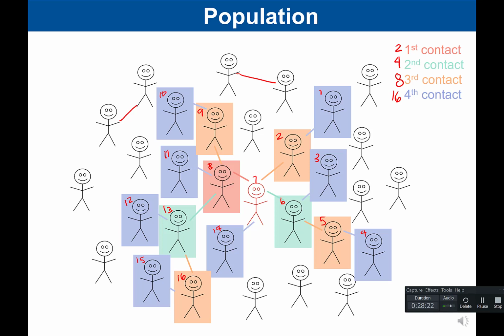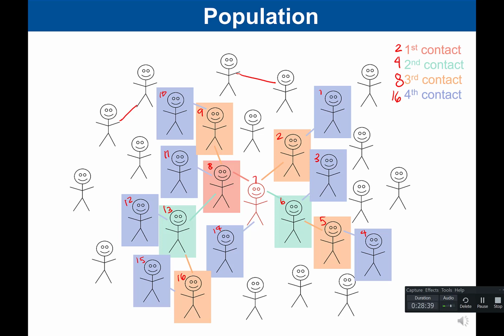Other people in the population made contact, but they didn't make contact with somebody who had the disease. The only transmission that's going to happen here is between people who come in contact with somebody else who has the disease.